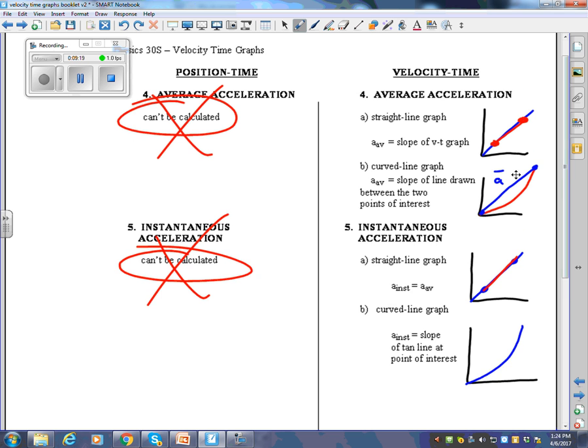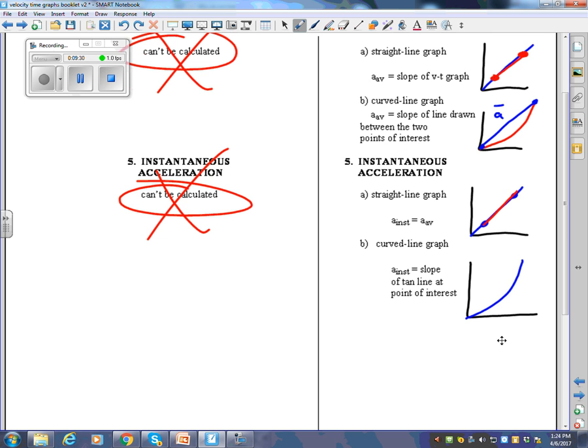Yeah, because if it's a straight line graph, the instantaneous acceleration is the same as the average acceleration because it's a straight line. Whereas down here, it's going to be a tangent because it's instantaneous slope, not average. Okay, so what do you do there? Draw a tangent line, find the slope.